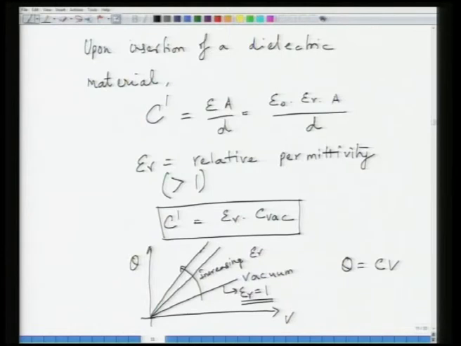Now the question arises: why does increasing the dielectric material between a vacuum plate capacitor increase the overall capacitance? We will do that in the coming part.